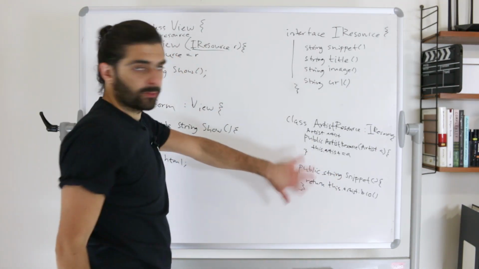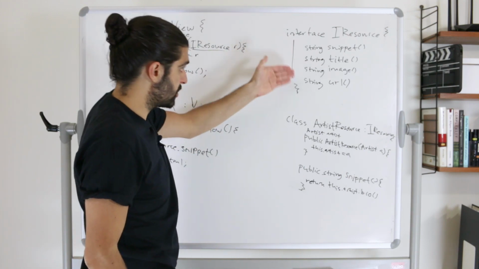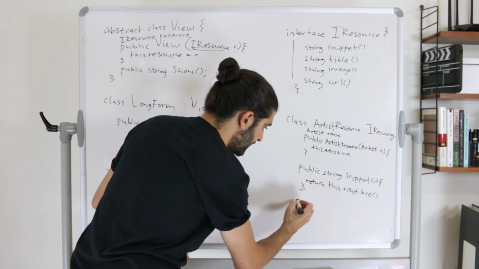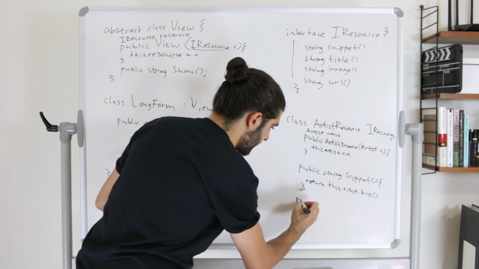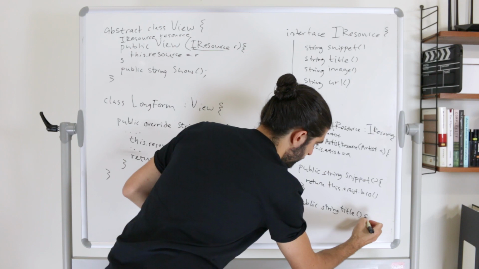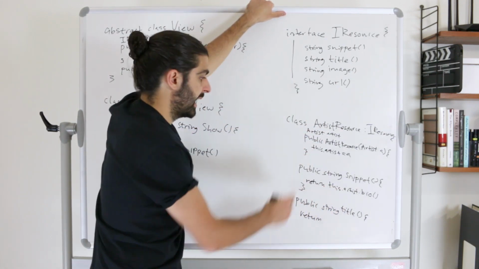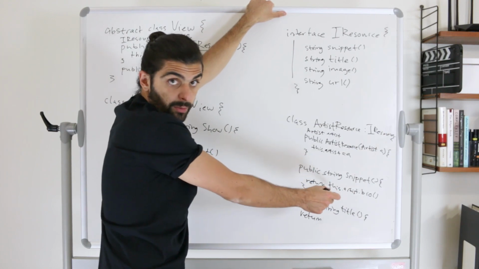And then it's the same thing for all of the other methods. So the artist resource needs to implement title, needs to implement image, needs to implement URL. And it would be the same thing. So let's just, for the sake of the example, we would say public string title, takes no arguments. Let's open that method up. And this method returns a string, and how it gets the string is that it takes something from the artist.